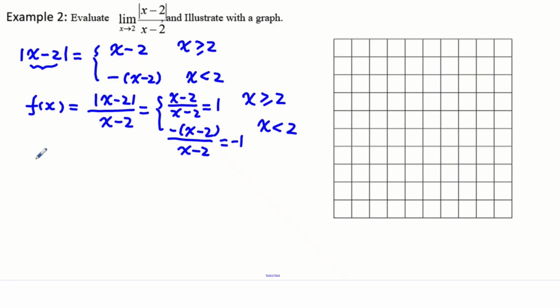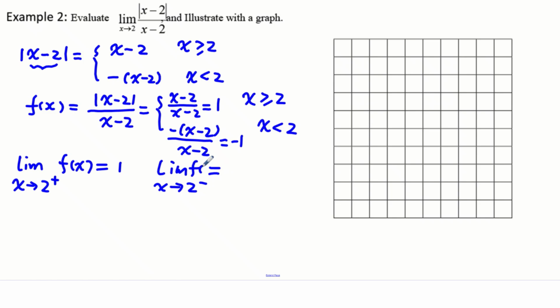Then we are going to have the limiting value. When x approaches from the right side, greater than 2, it will give you 1. And from the left side, function f of x will give you negative 1.